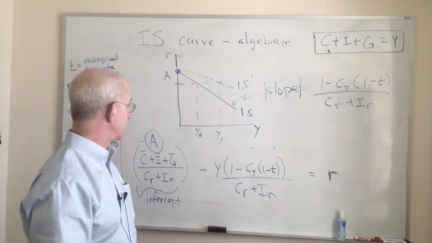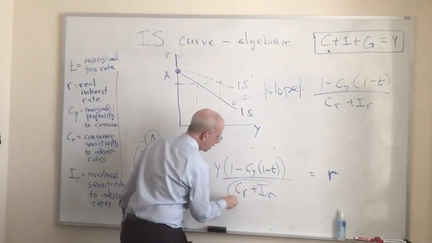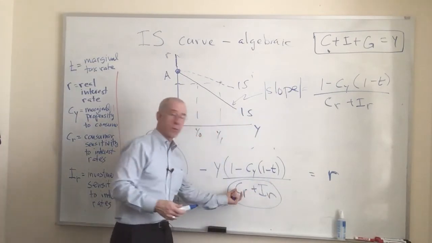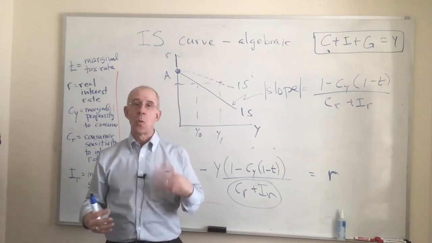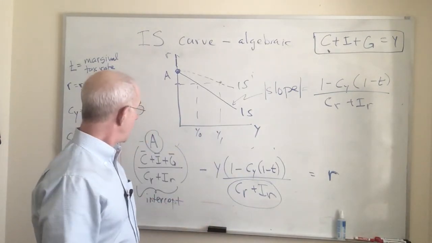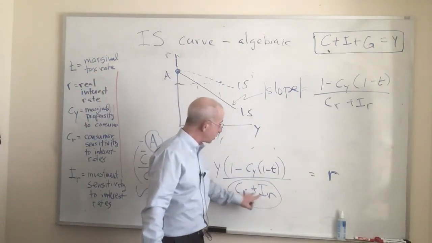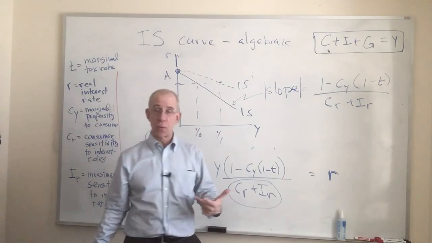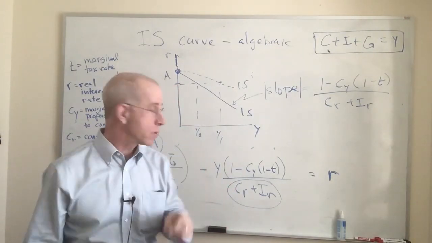Well, what else might change the slope? Well, the sensitivity of consumers to interest rates or sensitivity of investors to interest rates will also change the slope. If CR or IR go up, if consumers or investors become more sensitive, that's a bigger number.